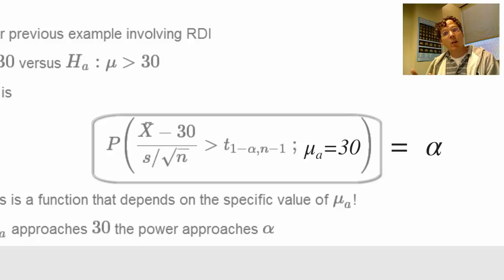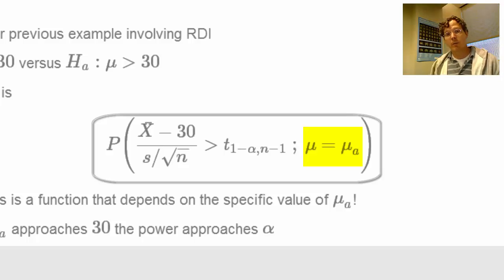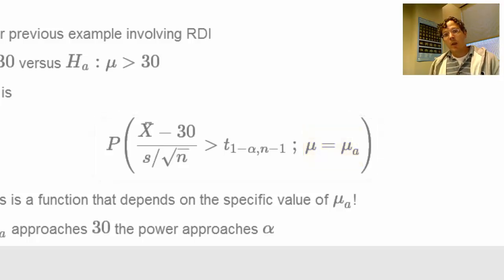So in this case, I would write that mu_a equals 30. Now, power is simply the same calculation, but instead of plugging in mu_a equal to 30 for the probability that we're calculating, we plug in mu_a for some value greater than 30. That winds up being our power.